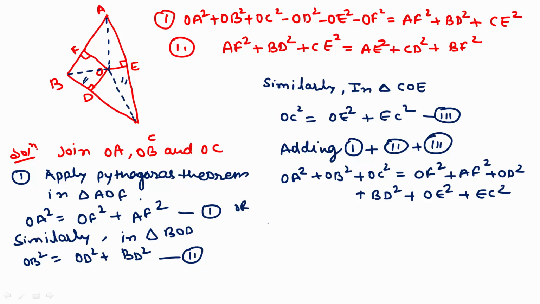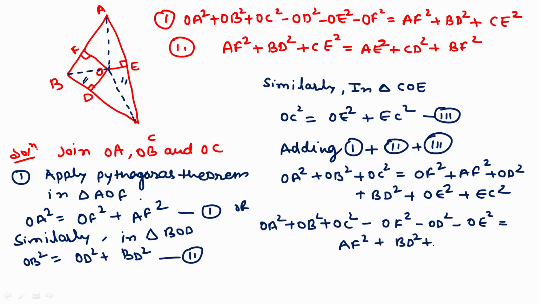Now, OA square plus OB square plus OC square minus OF square minus OD square minus OE square is equal to, on the right side, AF square plus BD square plus EC square. This is your first proof.